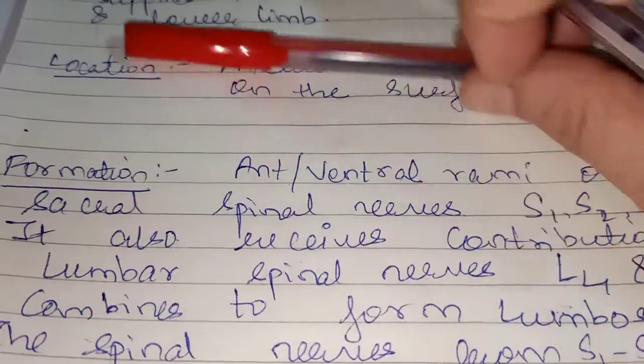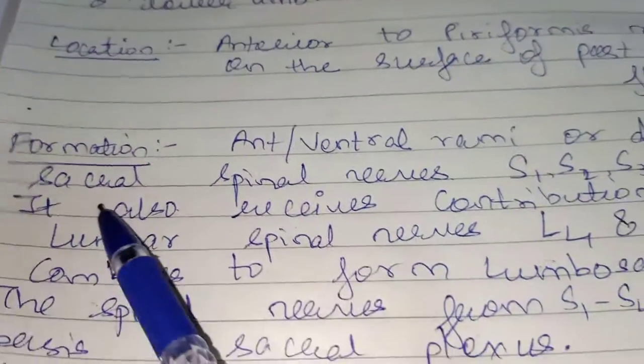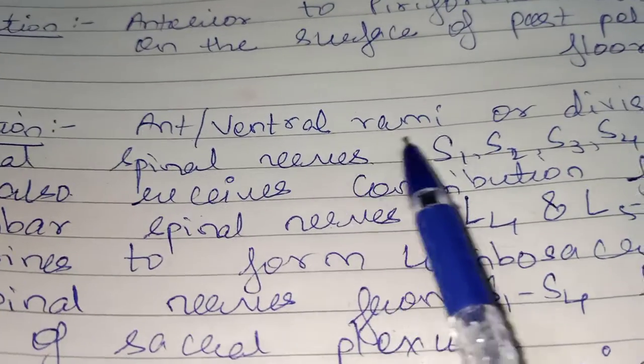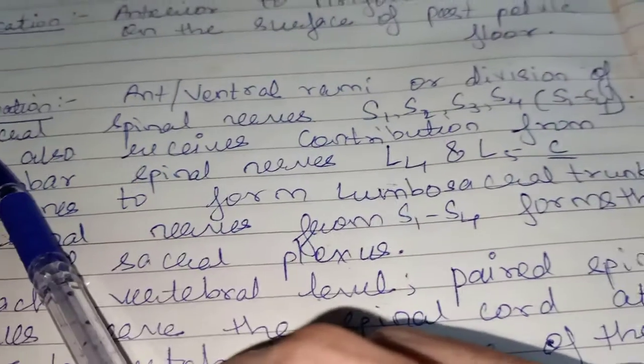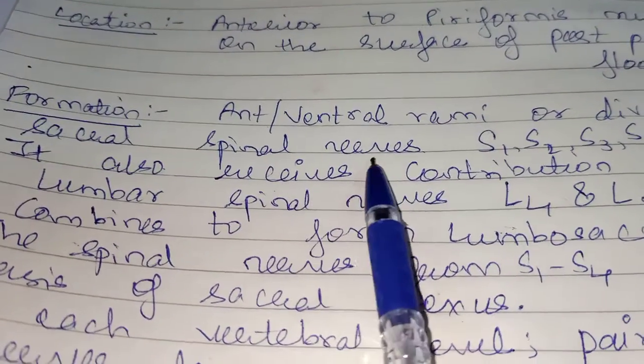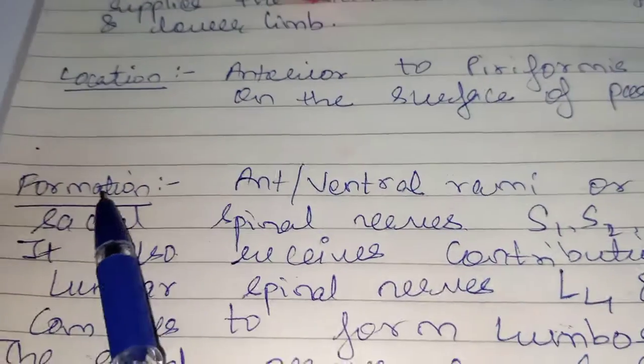Now, how is it formed? What is the formation? The formation is from the anterior or ventral rami or division of the sacral spinal nerves S1, S2, S3 and S4.